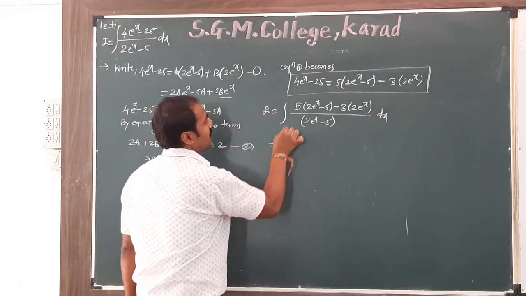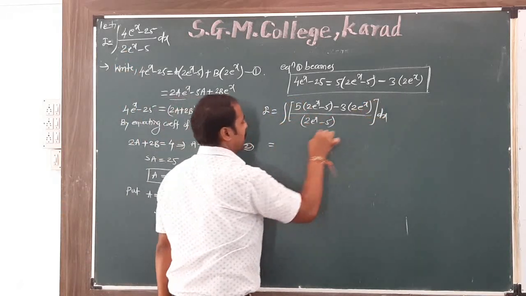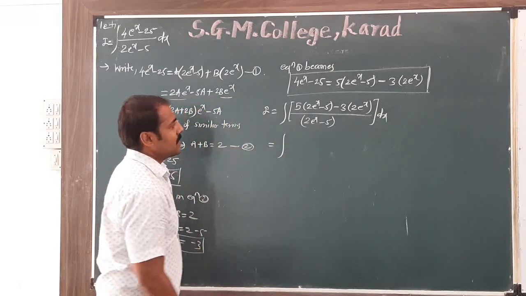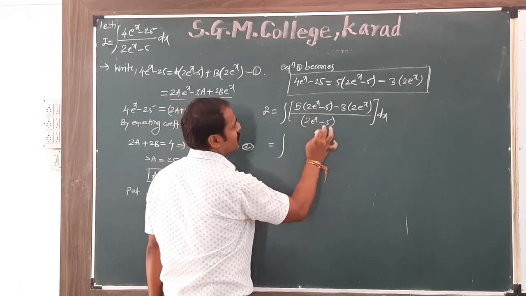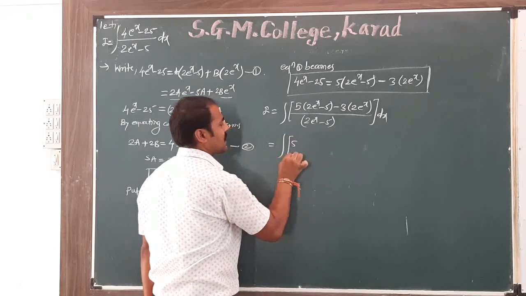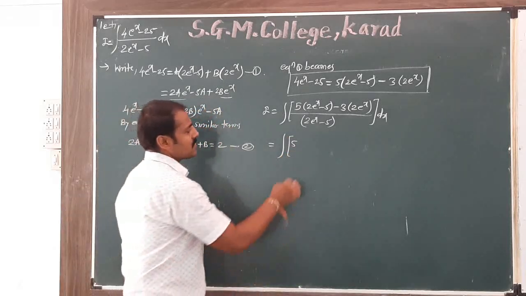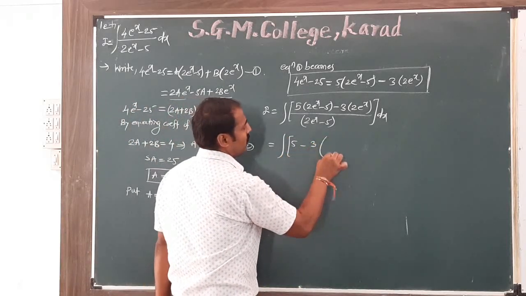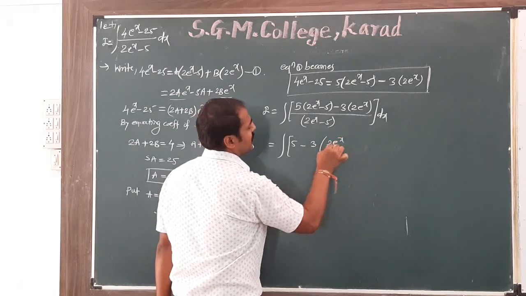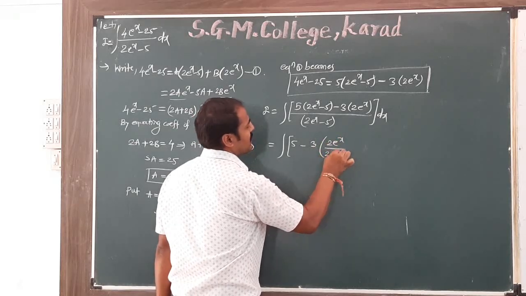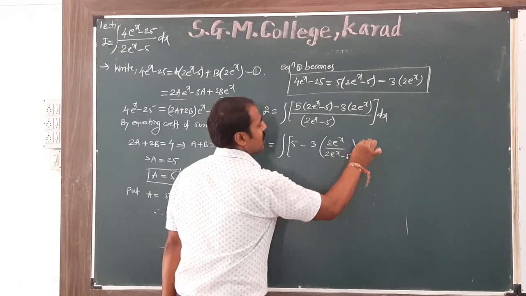On separating the denominator we get 2 e raised to x minus 5 in numerator and denominator get cancelled. It's 5 minus 3 into its numerator 2 e raised to x and denominator is 2 e raised to x minus 5 dx.